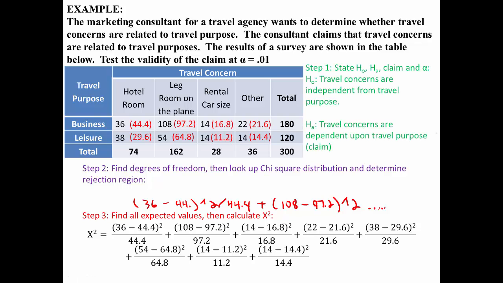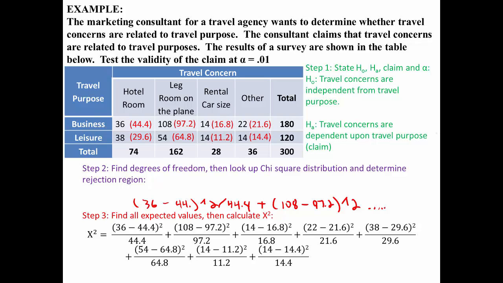Step 1: you don't have to write out "step 1" in your homework, but the first thing you should do is identify what you're trying to find a relationship with. Because of how these tests work and how we assess this, the null hypothesis is that the variables are independent.